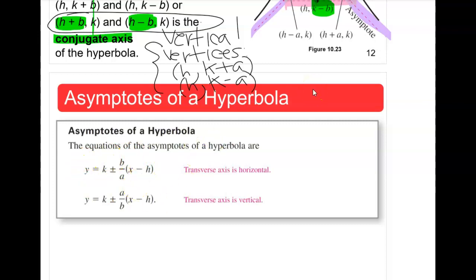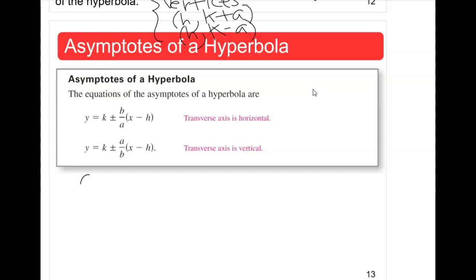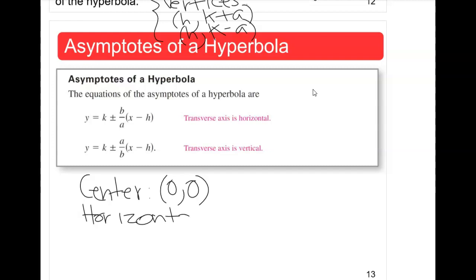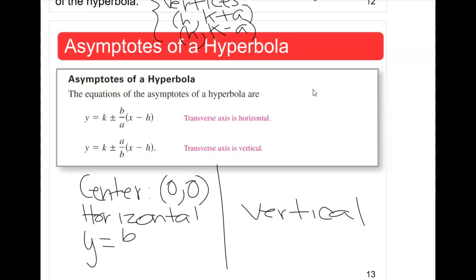So if we had the easiest case, the ideal case, when the center is at 0, 0, then finding those asymptotes will be so easy. If we had a horizontal hyperbola, we wouldn't have to worry about h and k. We will just use b over a positive and b over a negative.